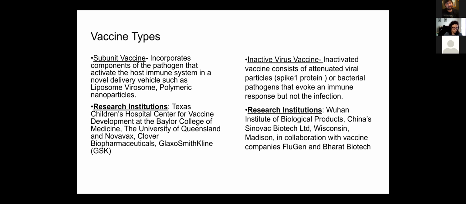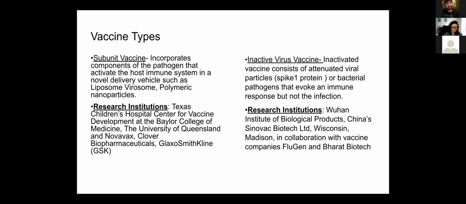And for inactive virus vaccines, as we know, it's where it's either the whole virus, but it's not alive anymore. It's dead by physical or chemical processes. And for this, they actually used the whole virus.